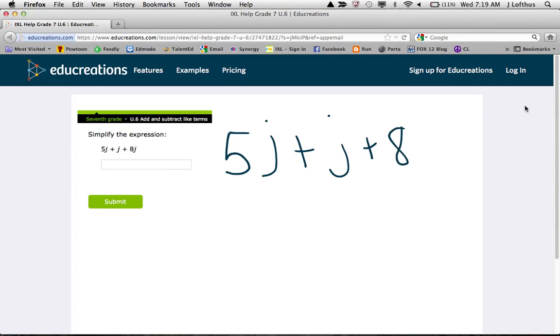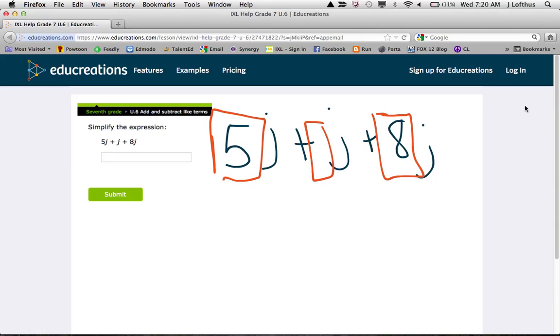And what I'm going to do is highlight the coefficients so you can see what I'm going to add together. So in red I'm highlighting the 5. There's really a hidden 1 in front of the j all by itself, and then the 8.